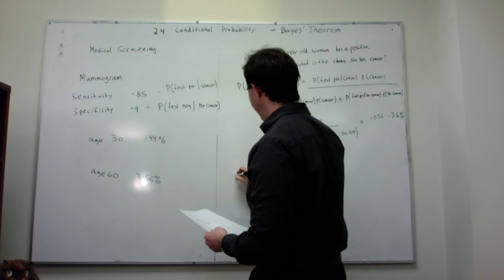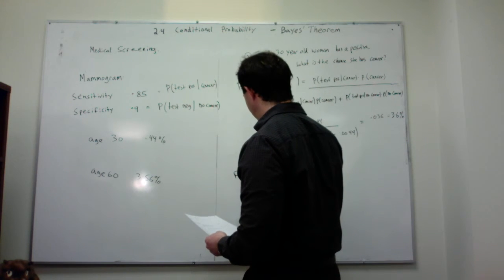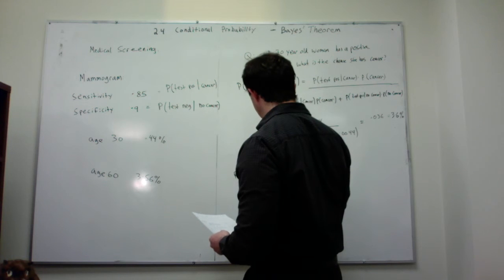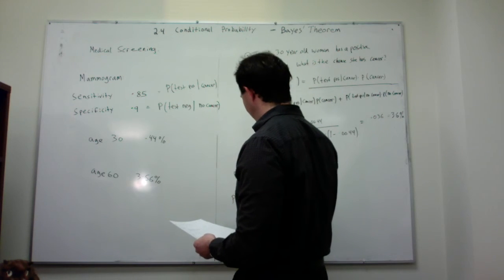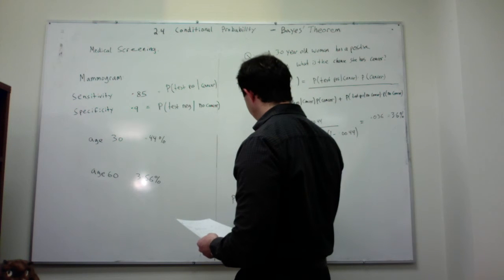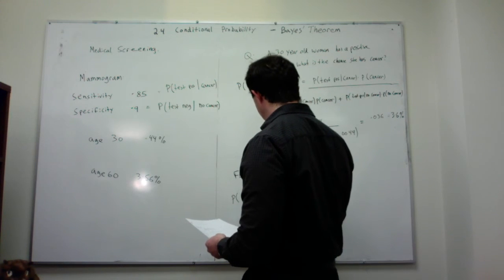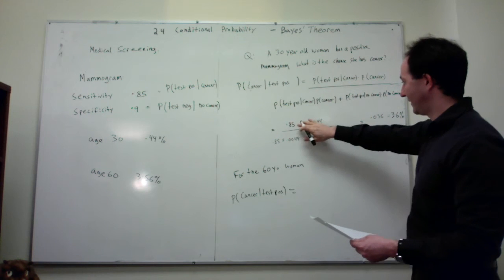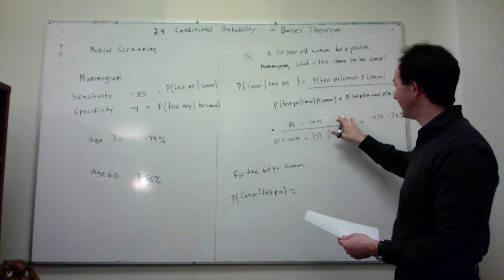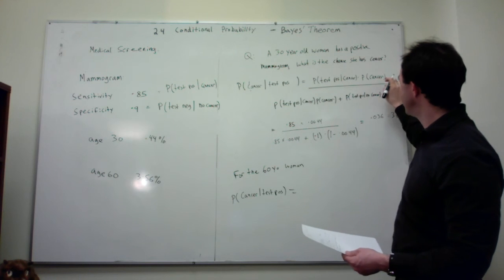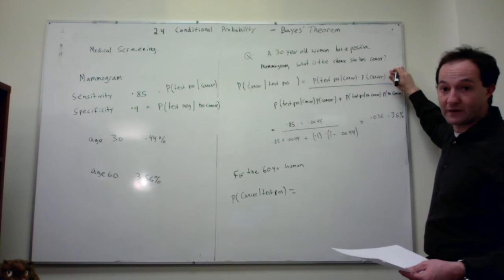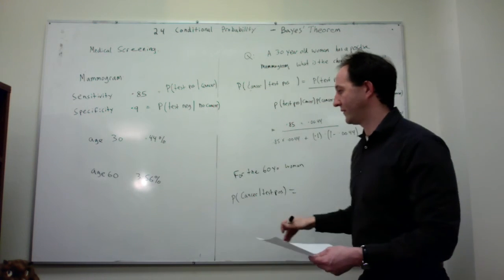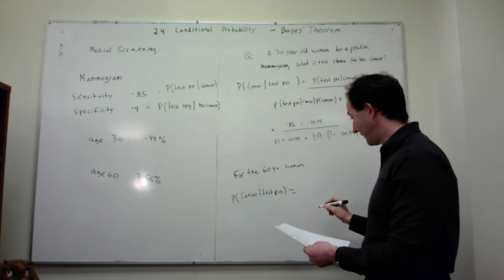If we redo this for the 60-year-old, we can do exactly the same calculation, and I get the probability of her having cancer given a positive test result. It's the same structure, but the only thing that changes for her is the unconditional probability of her having cancer, which would be 3.56% with this data that I'm using.